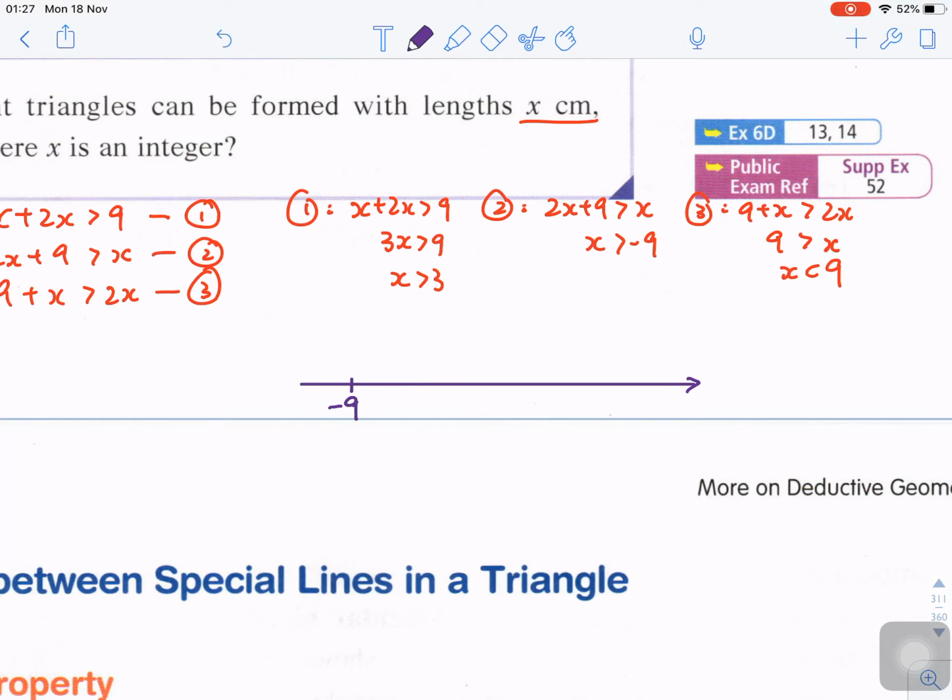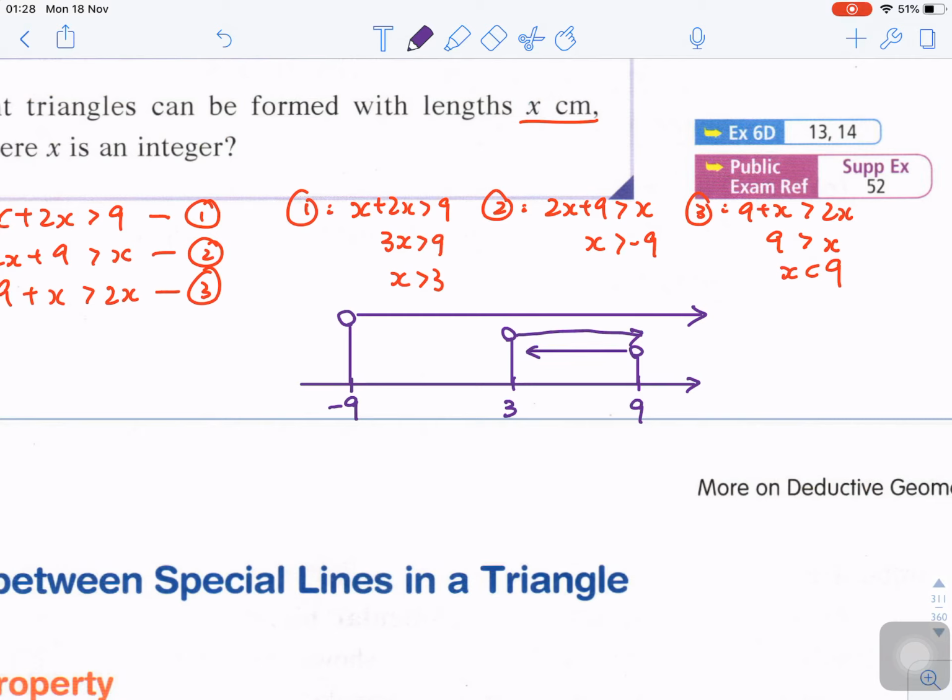So negative 9 is here, this is 3, this is 9. Larger than negative 9. Larger than 3. Less than 9.